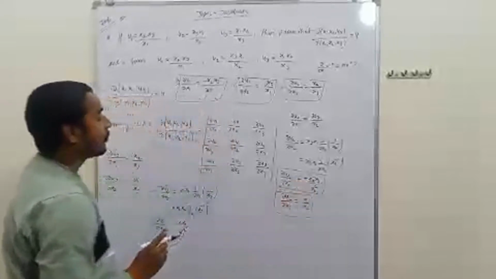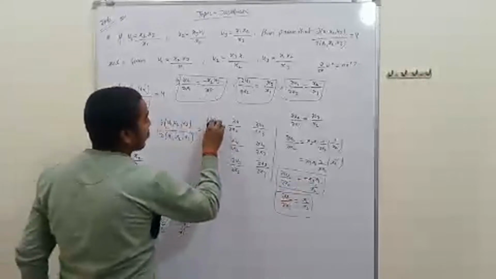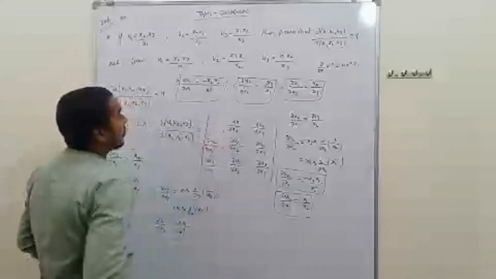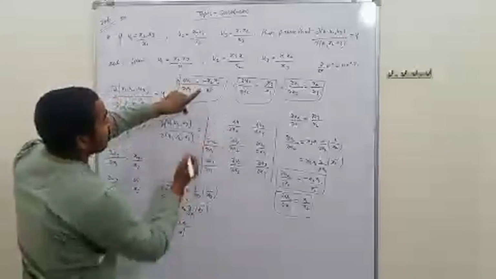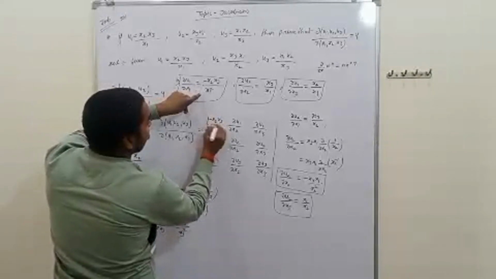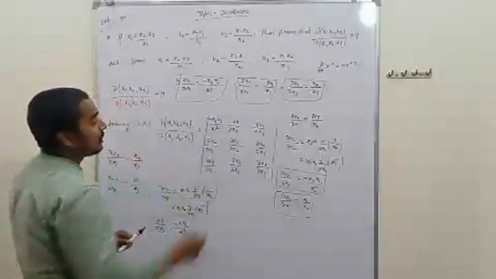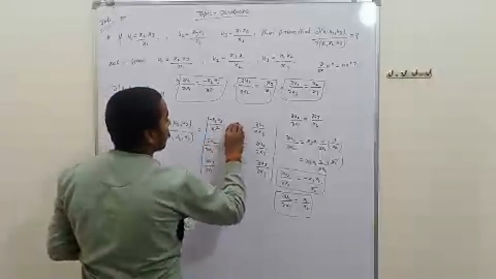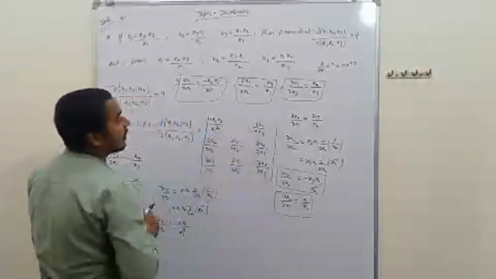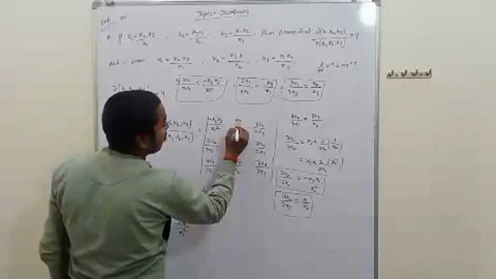And we have to put, first we have to put the value of del u1 upon del x1, that is given by minus of x2 into x3 upon x1 whole square. Further we have to put del u1 upon del x2, and del u1 upon del x2 is given by x3 upon x1.